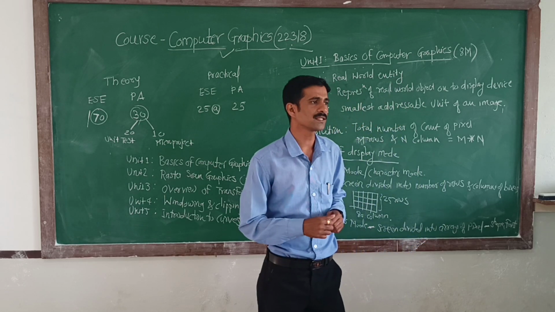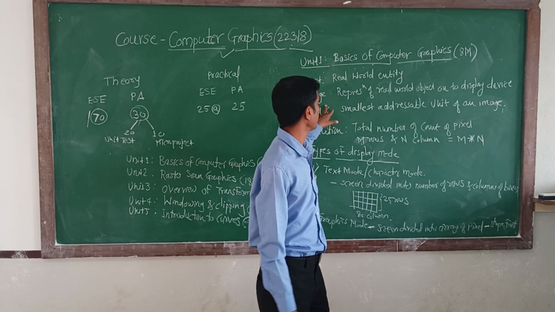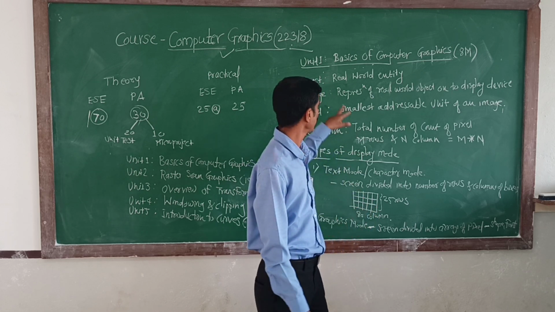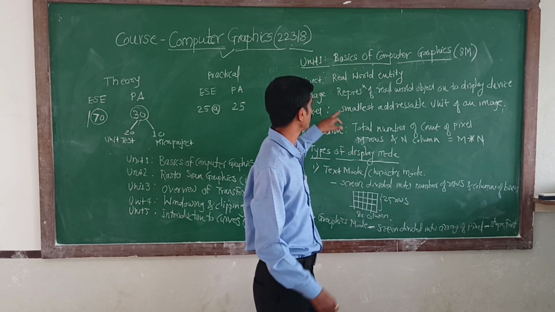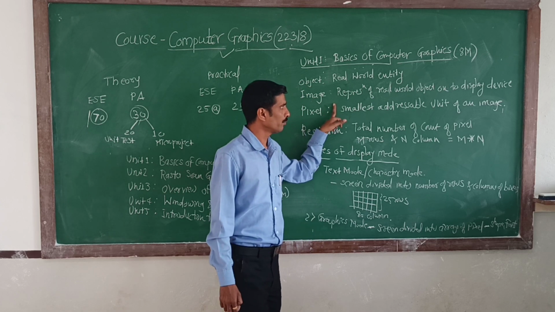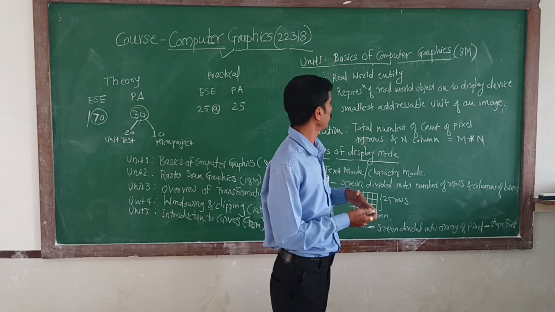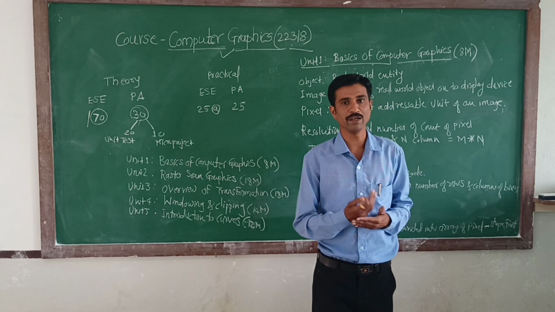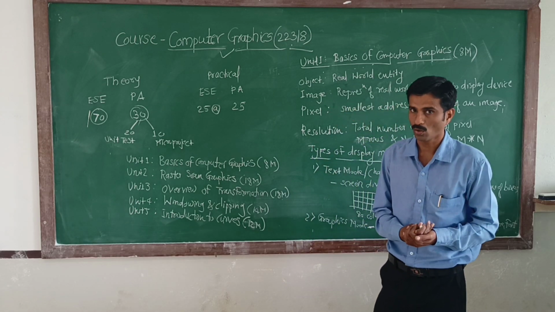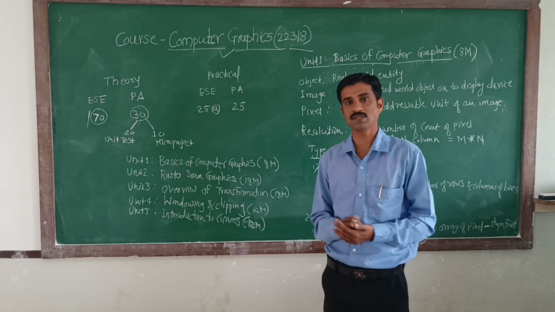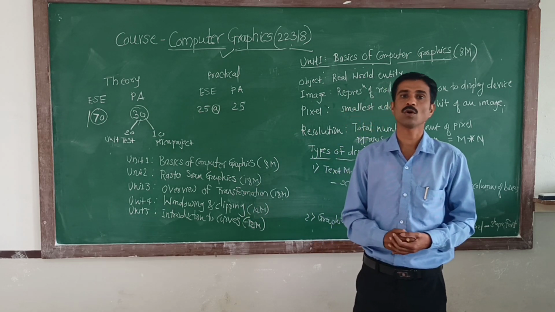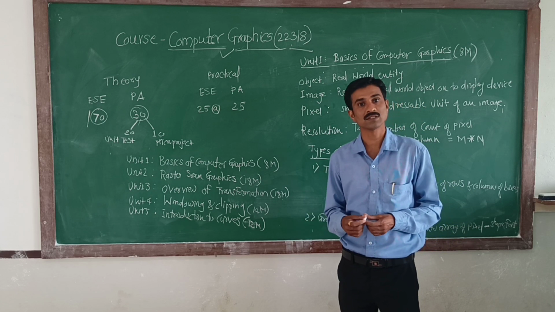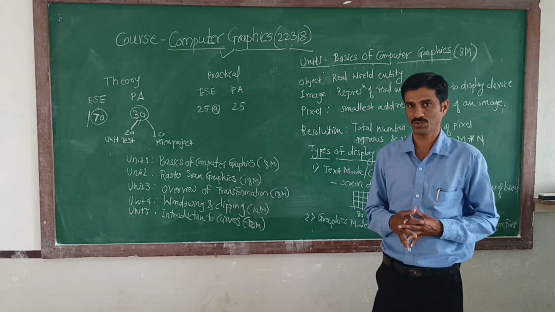Then we will see the image. The next terminology or definition is image. What is meant by image? It is nothing but a representation of a real world entity on any display device. Representation of a real world entity on any display device is called an image.